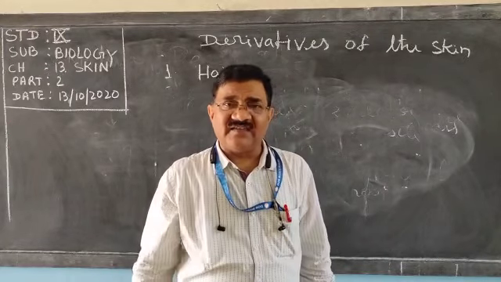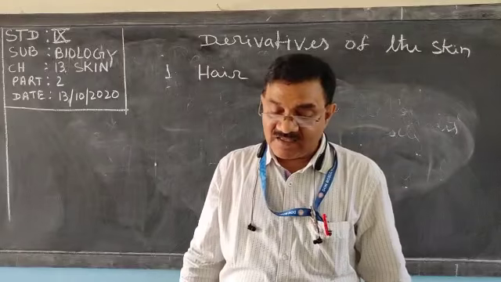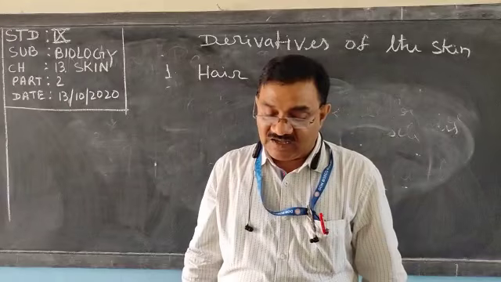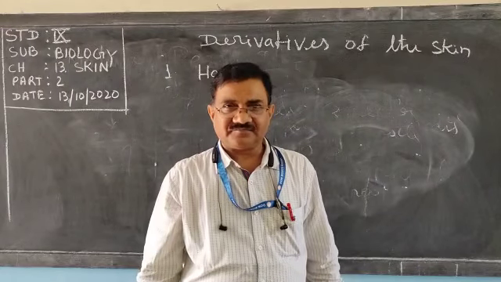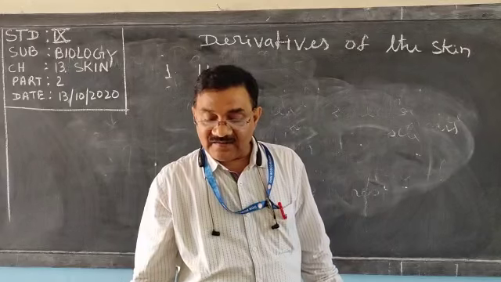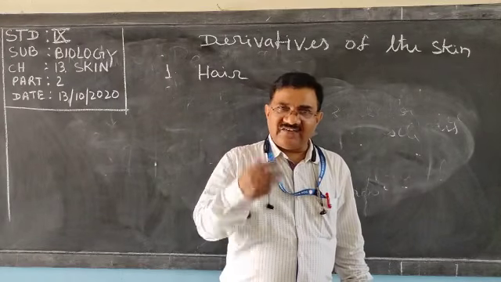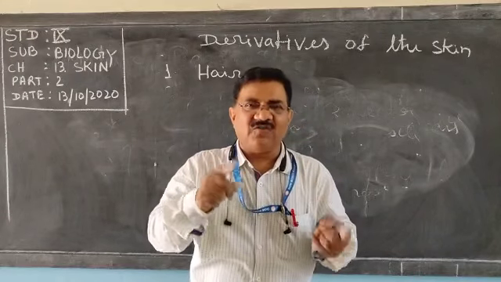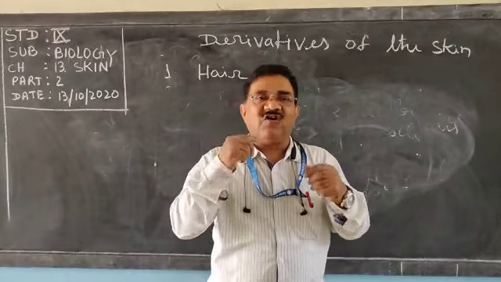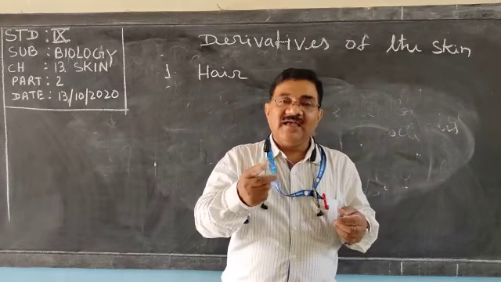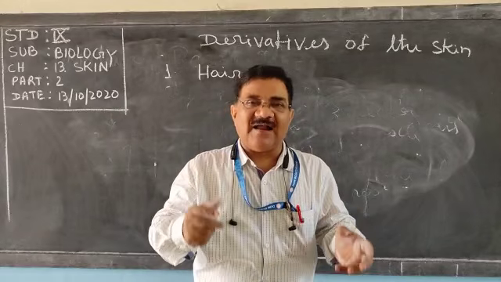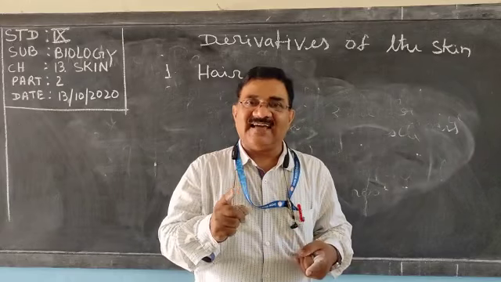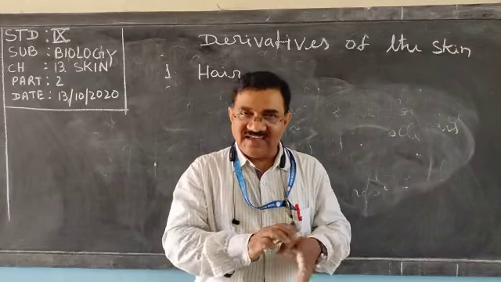Hair also provides the sensation of touch, because nerve fibers extend up to the base of the hair. Facial hair in males differentiates the face from females. Females do not have mustache and beard. Only males have mustache and beard, hair on the face, and that is called sexual dimorphism. So the hair part is clear.